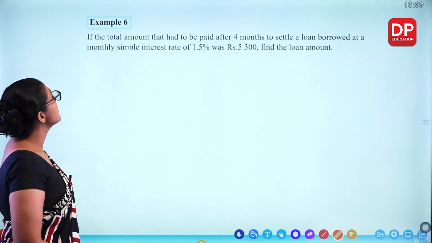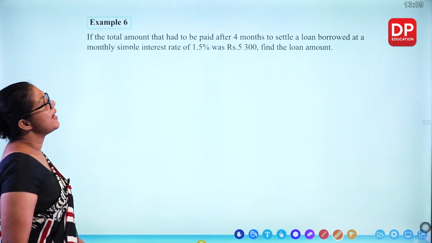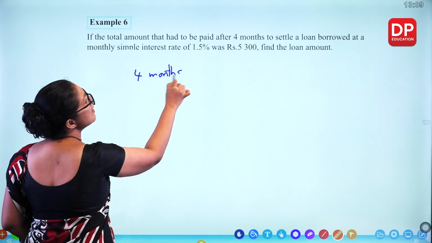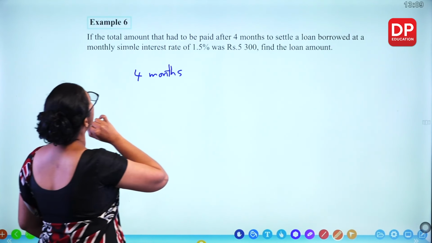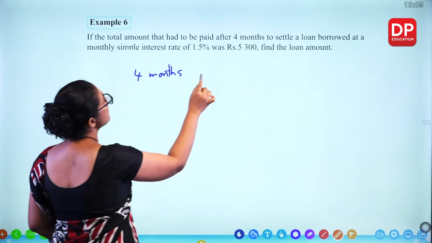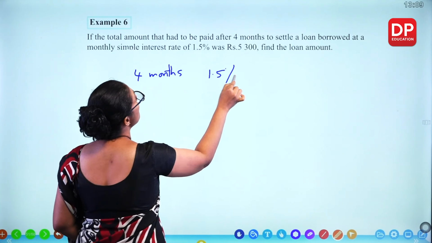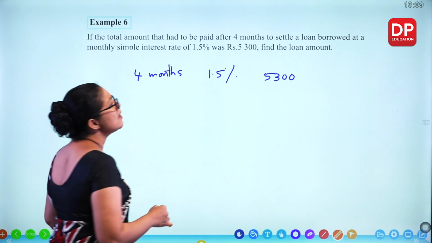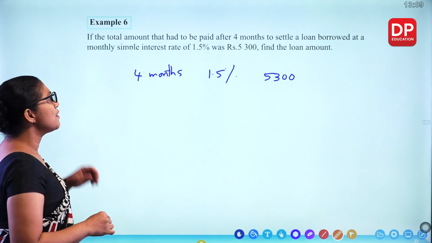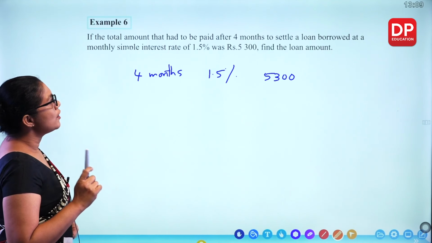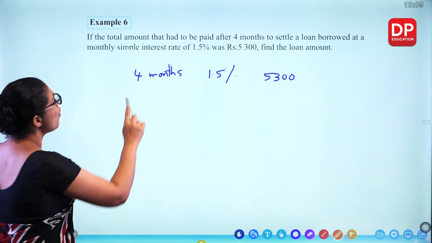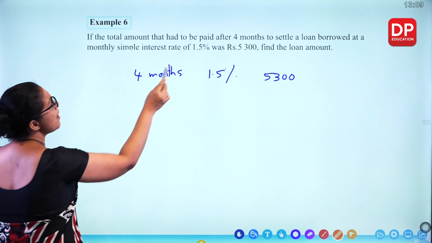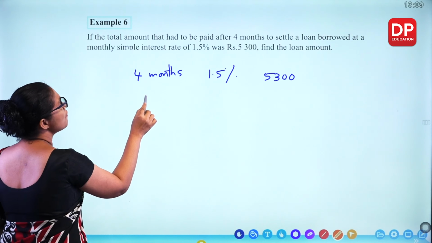Example number 6. If the total amount that had to be paid after 4 months to settle a loan borrowed at a monthly simple interest rate of 1.5% was 5,300. Find the loan amount. So first we'll find out the value for 1 month. For 4 months, you have to pay. So 1 month is 1.5.